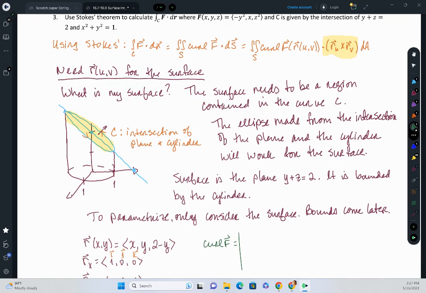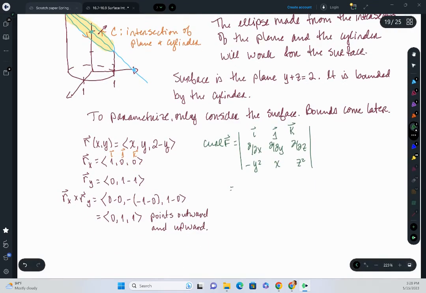We will need to find a determinant, so we need the i, j, k in the first row, del x, del y, del z in the second row, and then f has components minus y squared, x, and z squared. So in my first component, I have del del y of z squared, which is 0, minus del del z of x, which is 0.